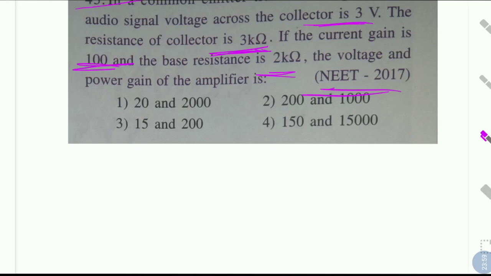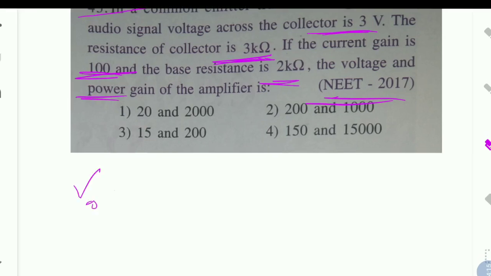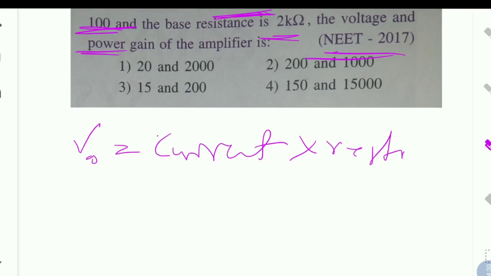So he is asking voltage gain is equal to current gain into resistance gain.